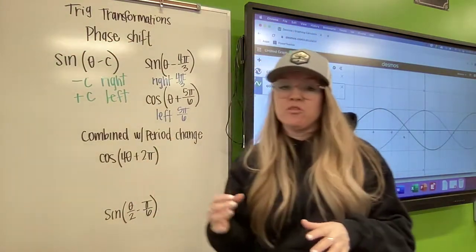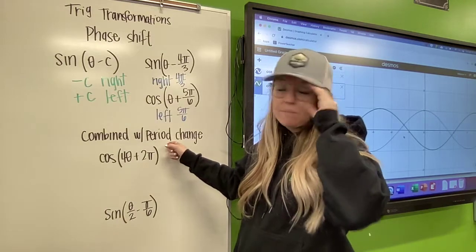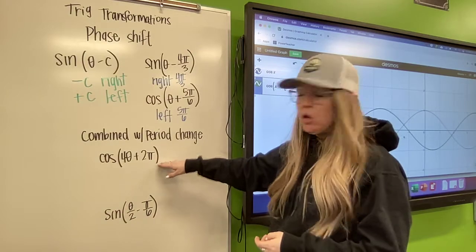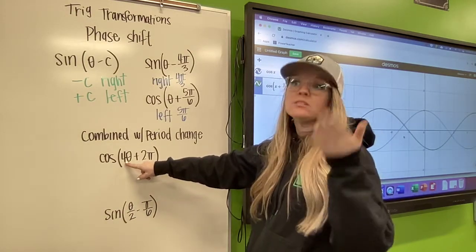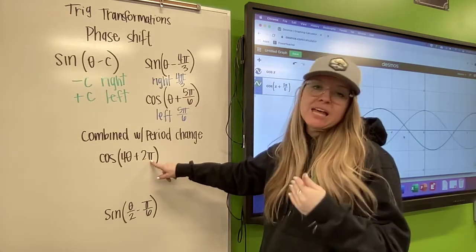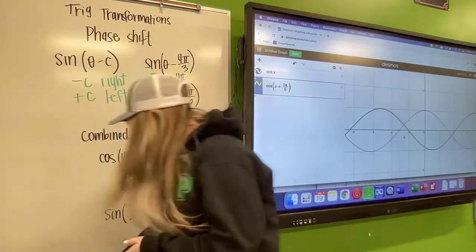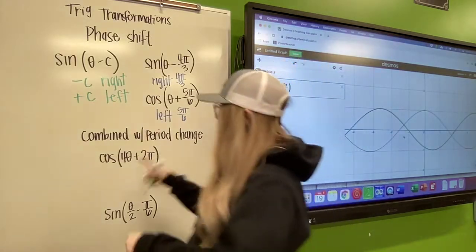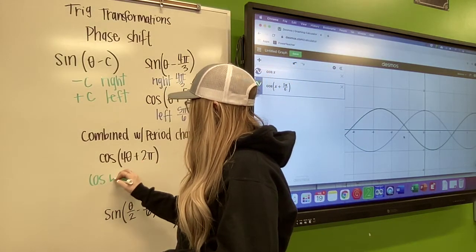This left and right movement gets a little bit more complex when we combine it with a period change. So our equations are going to be presented like this, where I'm going to see my period change from 2 pi to 2 pi over 4, so pi over 2. But it looks like I'm shifting to the left 2 pi, but I'm not. What I have to do is rewrite this equation. I'm going to factor the 4 off of my theta.